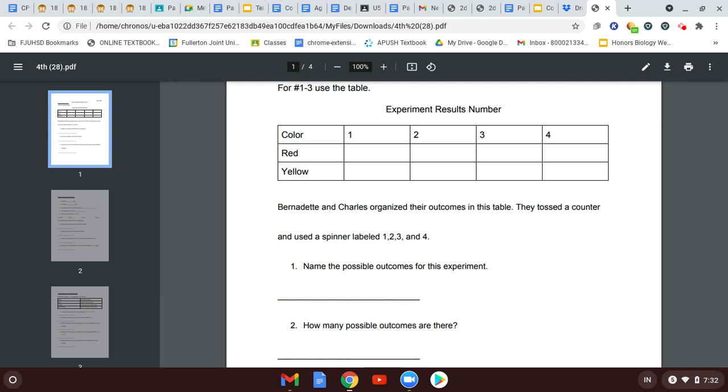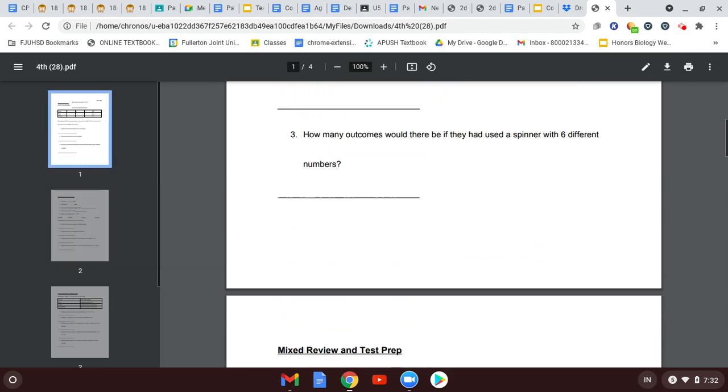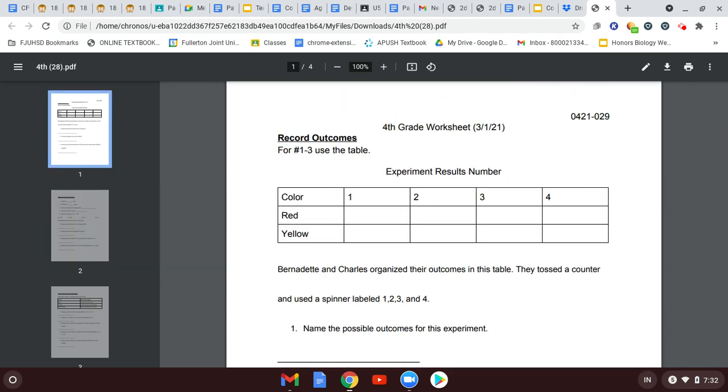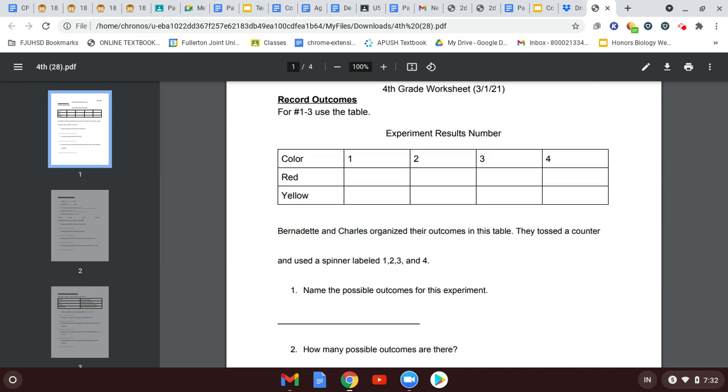Okay, so on page 1, we're going to talk about possible outcomes. Bernadette and Charles organized their outcomes in this table. They lost the counter and used a spinner labeled 1, 2, 3, and 4. Name the possible outcomes for this experiment.